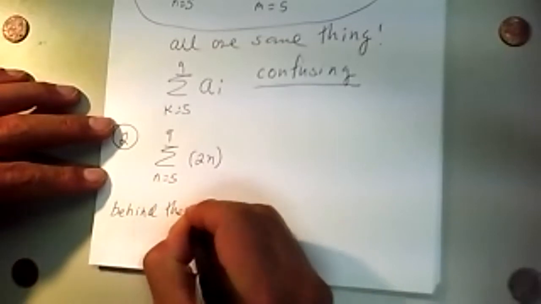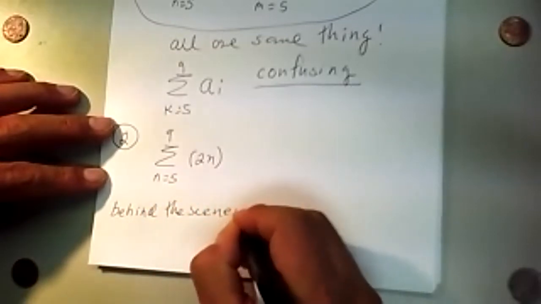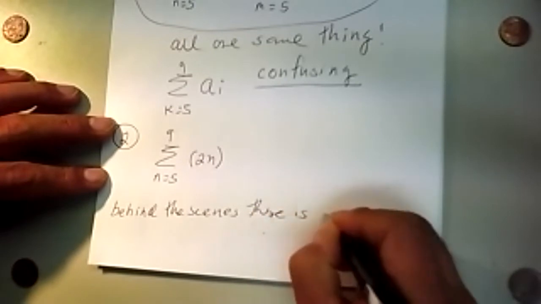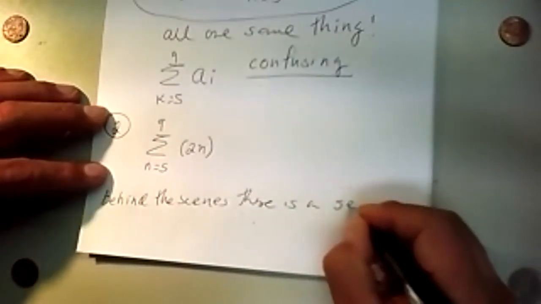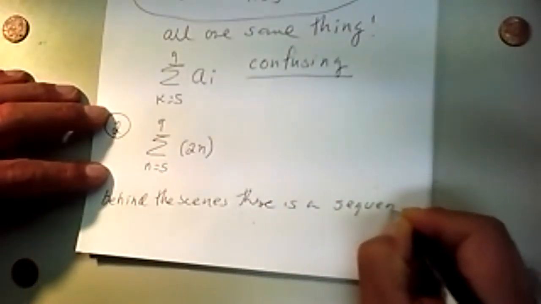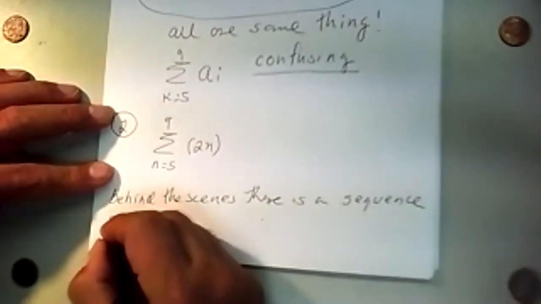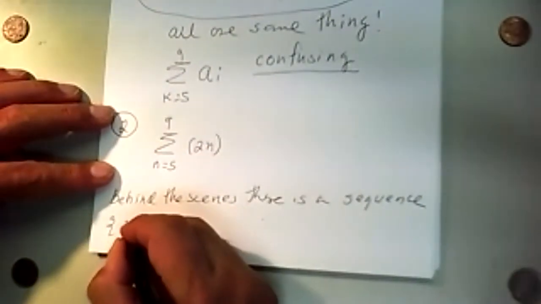Behind the scenes, there is a sequence. What is a sequence? When n equals 1, we have 2.